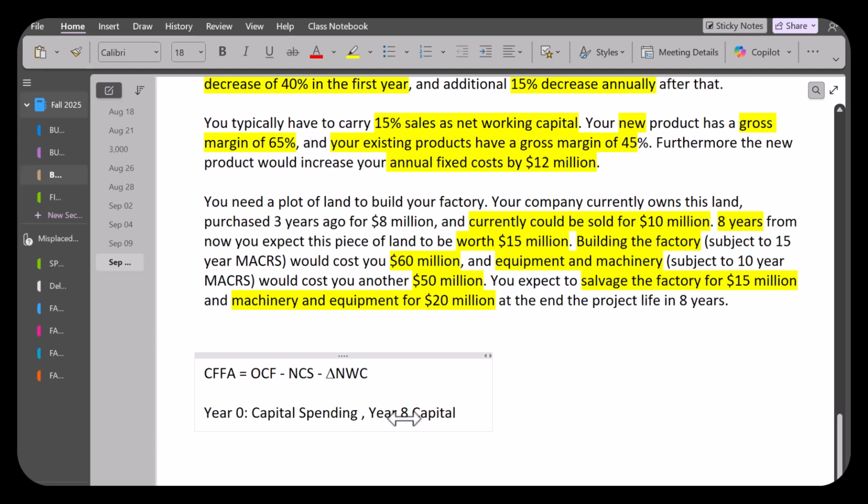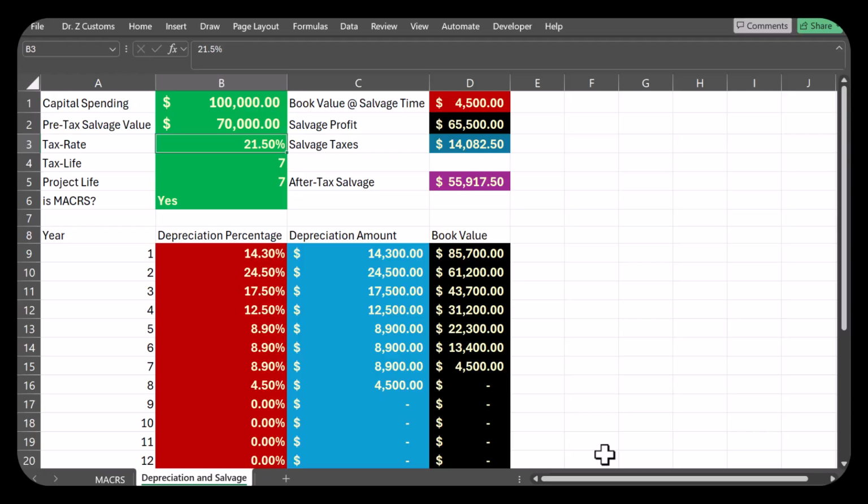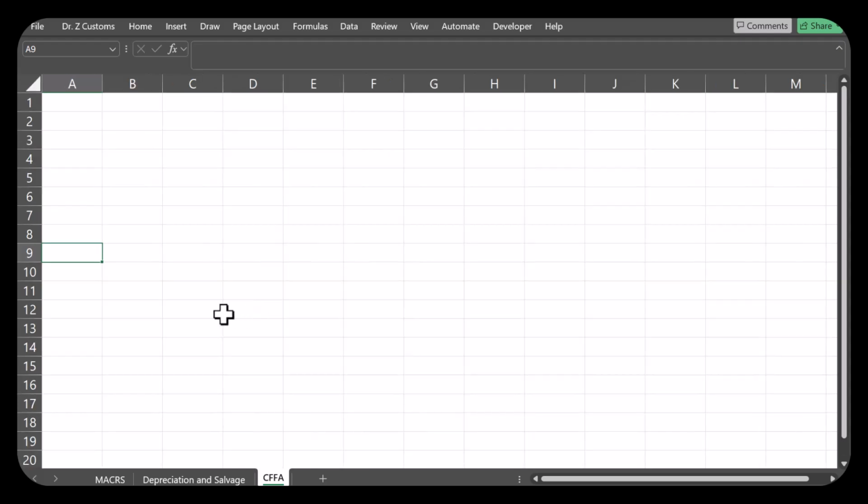So let's start with year 0. I'm going to open our template we already had. And let me start a sheet. This is where we're going to do our cash flow from assets. I'll have some parameters or inputs.